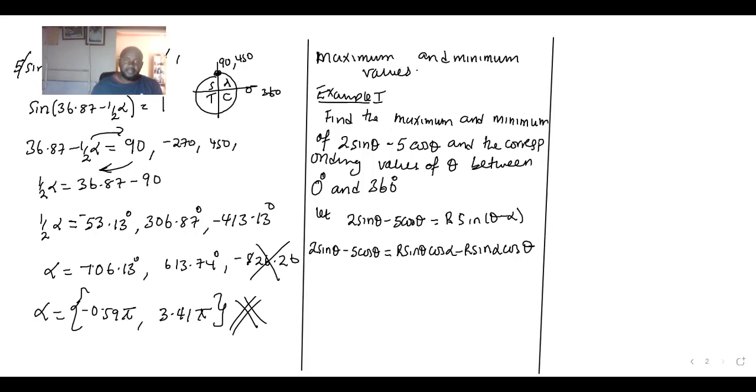Maria, what is wrong with these women? Yeah, teacher, on the other side, I think it's 2. That is the left-hand side, it's R. Is it only R that is multiplying the sine theta?